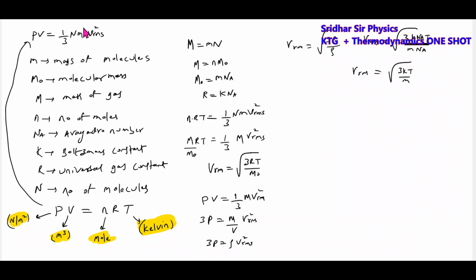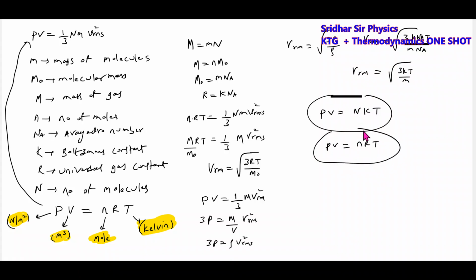The same equation for number of molecules will be NkT. The same ideal gas equation PV equals NkT, and PV equals nRT. Here k is the Boltzmann constant with number of molecules, and R is the universal gas constant with number of moles.